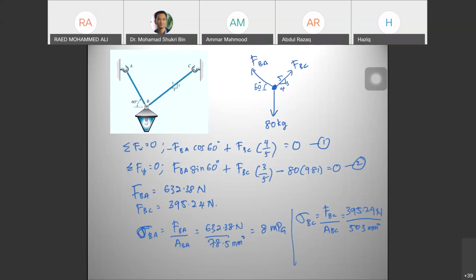So this one is 7.86 megapascal. So this is your answer for sigma BA and sigma BC. Any question so far? Easy, right?